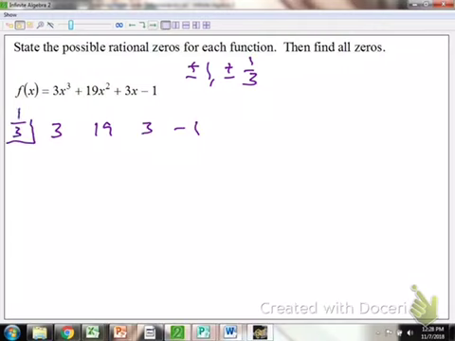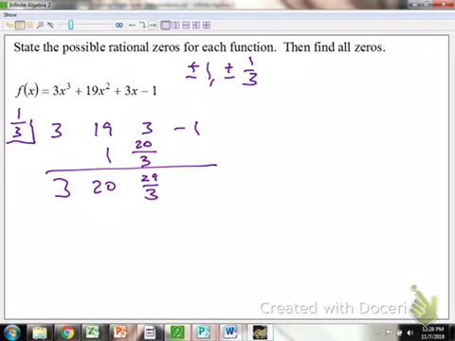So if we try 1/3, we would get 3, that's 1, that's 20, this is 20 over 3, 29 over 3, 29 over 9, that's not going to give me 0.